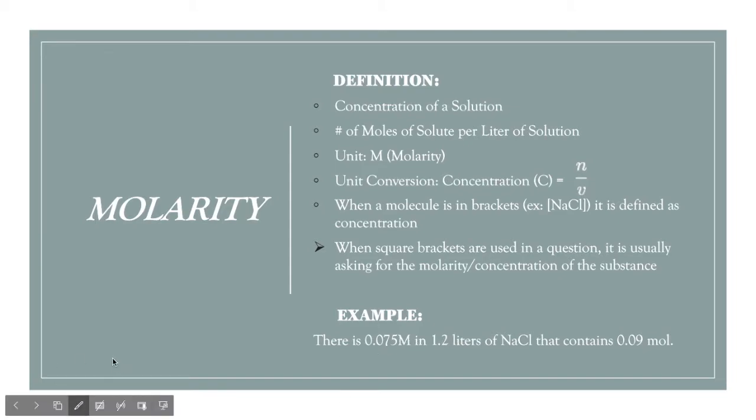The reason is that since the equation is concentration equals N over V, number of moles over volume in liters, we would divide 0.09 moles over 1.2 liters, which would give us the C, and it would give us 0.075 if you type it in a calculator.